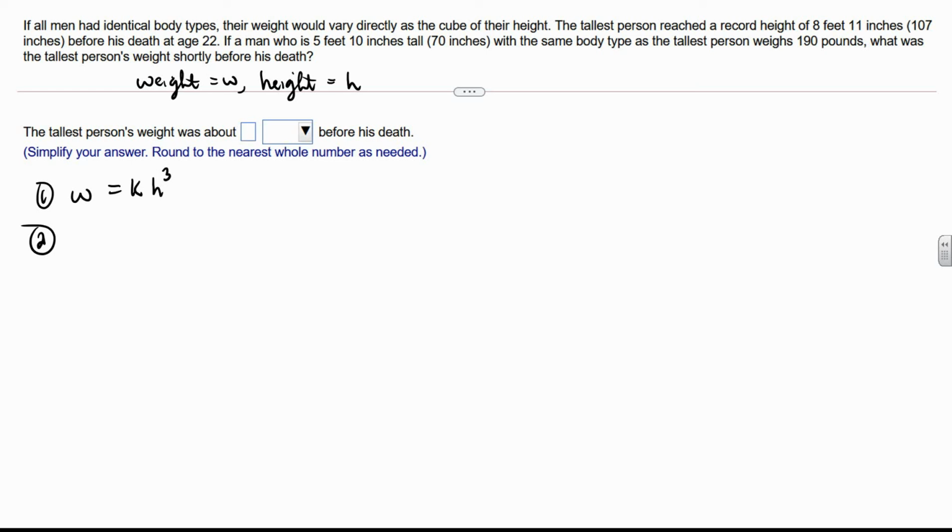Now they give us that next sentence, that's like a clue, but we can't use it right now, maybe we'll use it later. Let's keep reading. If a man is 5 feet 10 inches, that is 70 inches as his height, and he weighs 190 pounds. From there, they give us 2 things to compare. From there, we can find K.